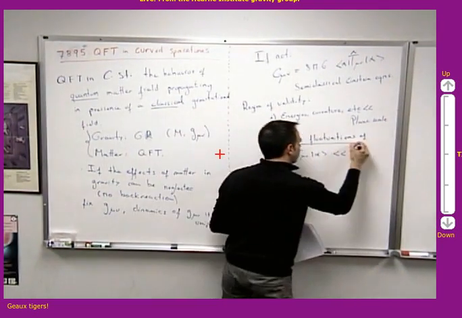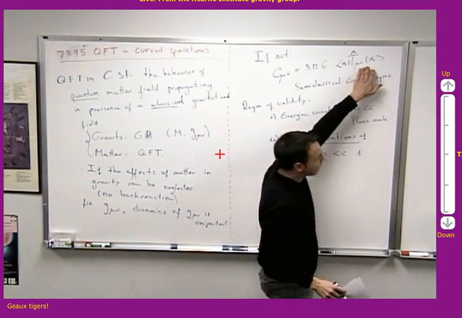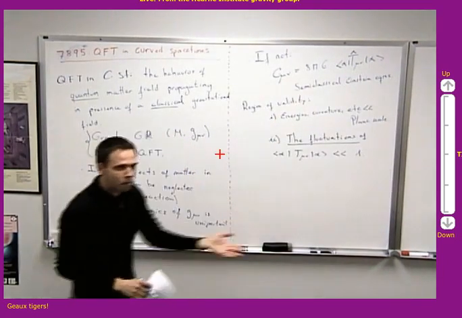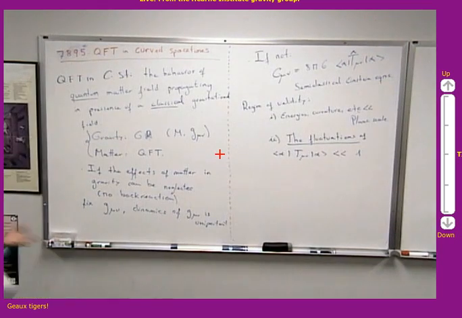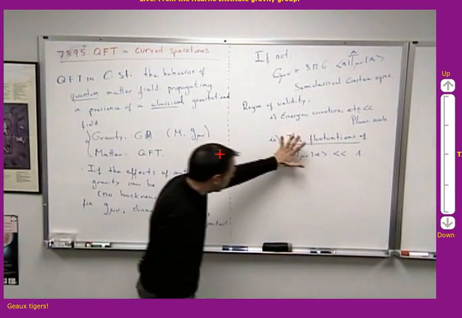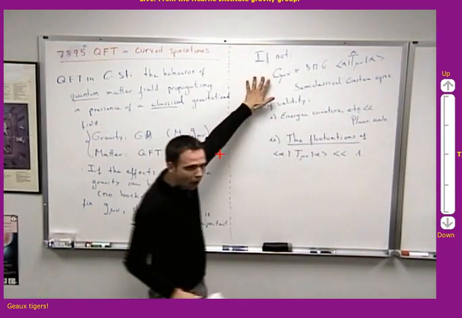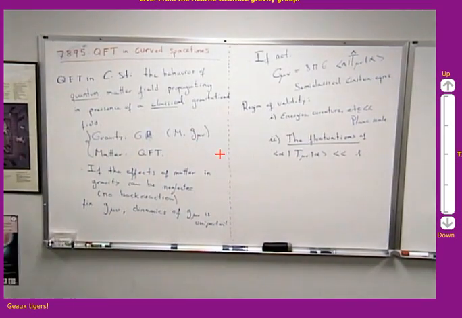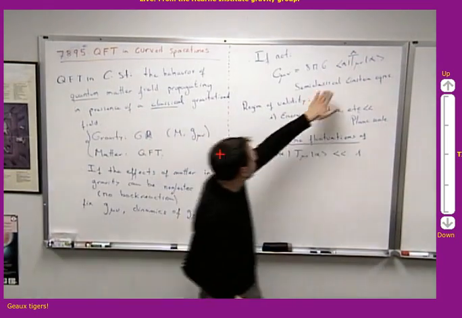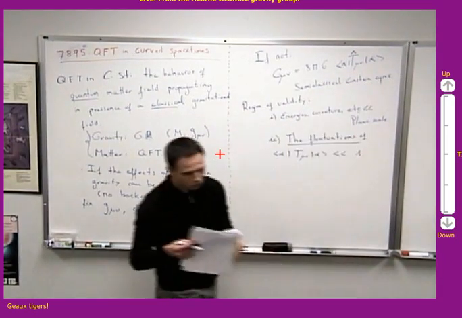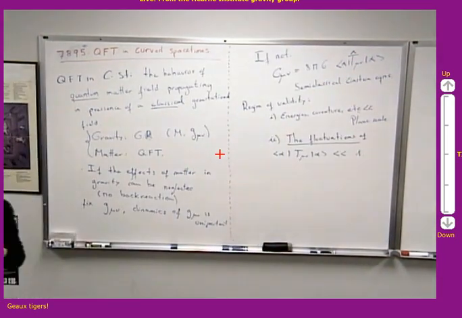Because if the quantum fluctuations of this are huge, then the quantum fluctuations of the metric cannot be neglected. One has to do quantum gravity. But in regimes in which these quantum fluctuations are small, we should trust this equation, and this is what people call semi-classical gravity. And we will discuss how to do that, in particular how to give meaning to this kind of objects, which is not trivial. So this is our goal.